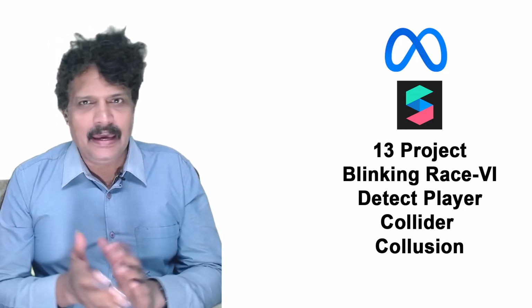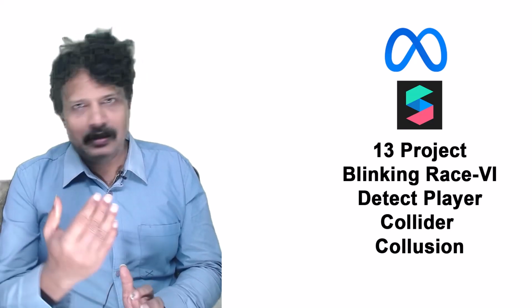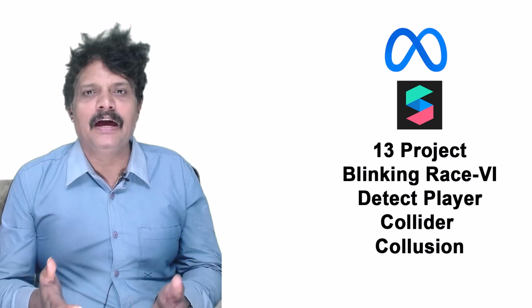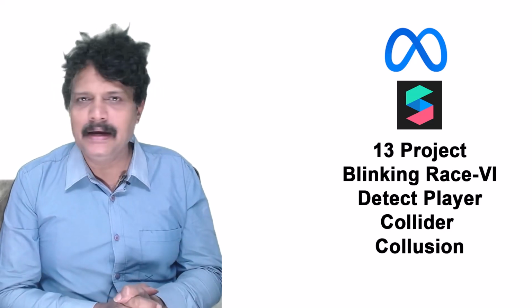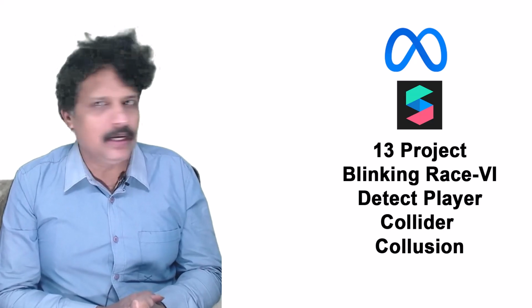Now in our game, as soon as the user taps, the player is going to run, which is actually we are making the background get animated. Then the colliders are coming. When we blink, the player is going to jump.